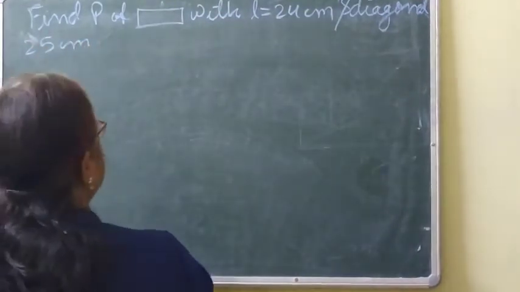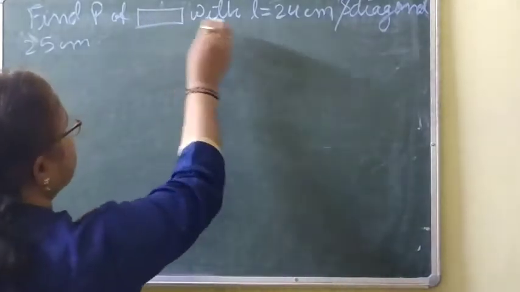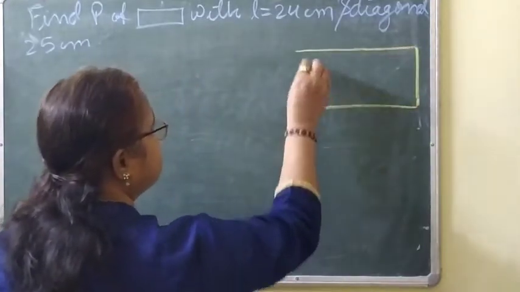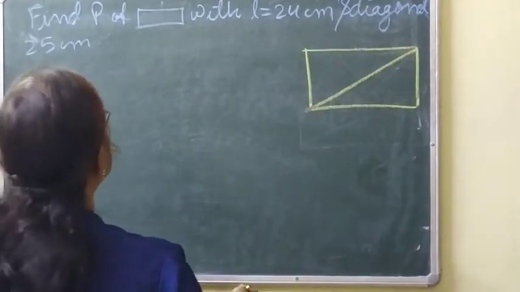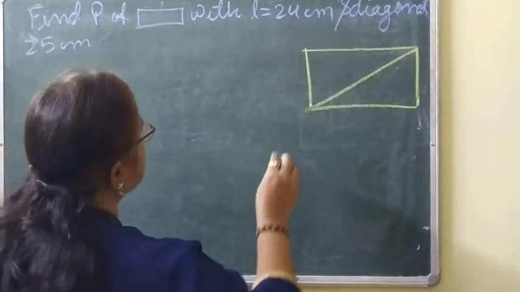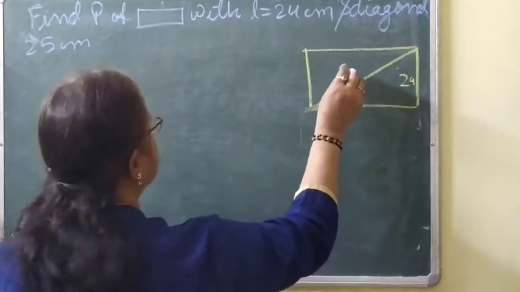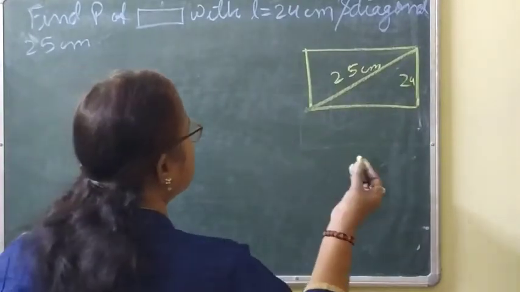Here we have to find out the perimeter of a rectangle. This is the rectangle, and this is the diagonal. Length is given, 24. Diagonal is 25 centimeter. We have to find out the perimeter.